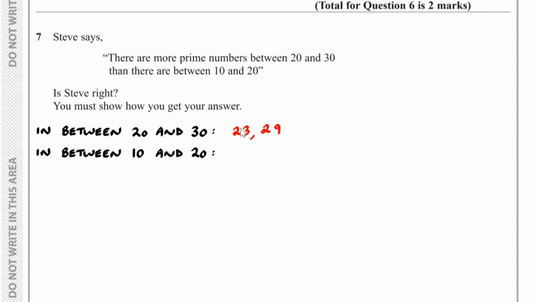Between 10 and 20, we've got 11, 13, 17 and 19. What we can see then is that there are more prime numbers between 10 and 20 than there are between 20 and 30, and therefore Steve is incorrect.